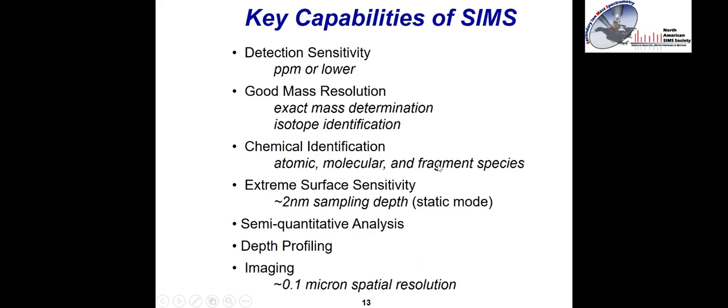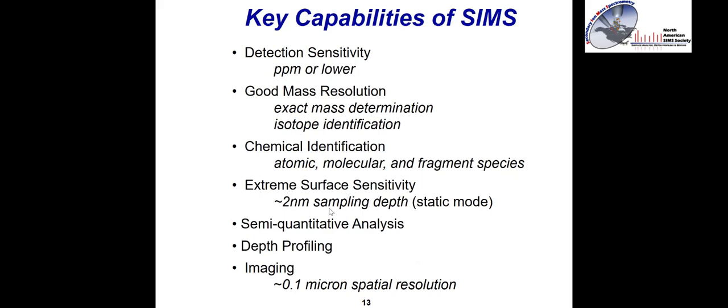It is interesting, if you look in some of the literature, some people claim that the high fragmentation in SIMS is a disadvantage, but I would argue that the fragmentation we see in SIMS is actually an advantage because there are many things that we can determine from the fragments that are present in the spectra.